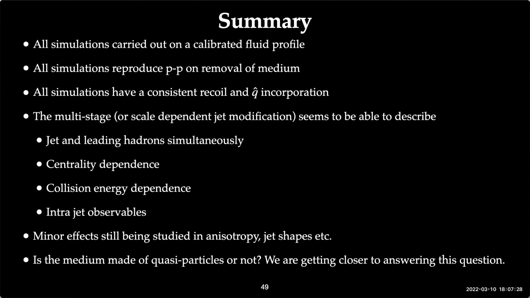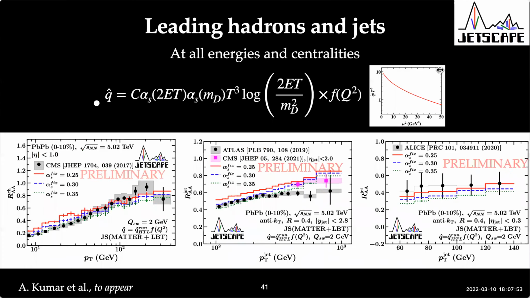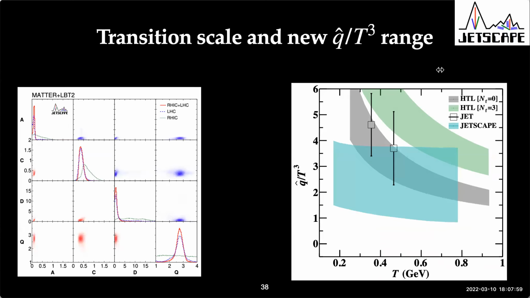So did I get this right, that the main reason that this 2014 result, which was showing different scalings at RHIC versus LHC, got combined into a single blue band, was because your Q hat is now not just alpha S of MD, but it's a product of alpha S of MD times alpha S of E times T, and E times T is higher at LHC and lower at RHIC, and that's the main reason why this is coming.